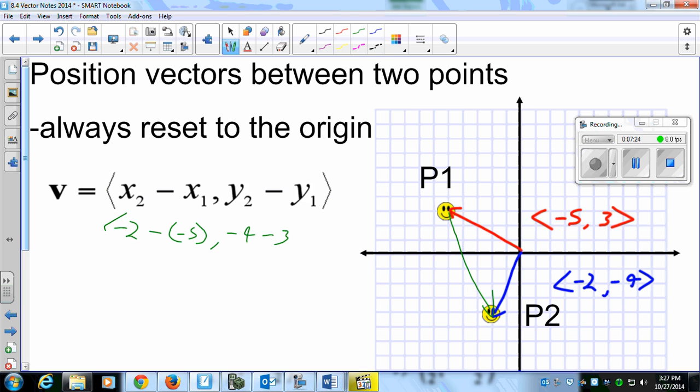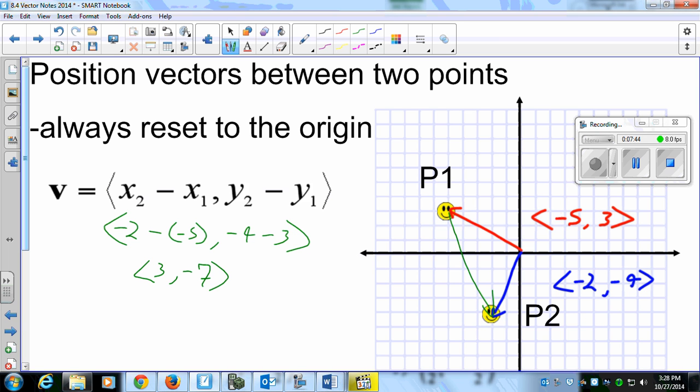And we see that this vector is actually going to be -2 plus 5, which is 3, and -4 minus 3, which is -7.